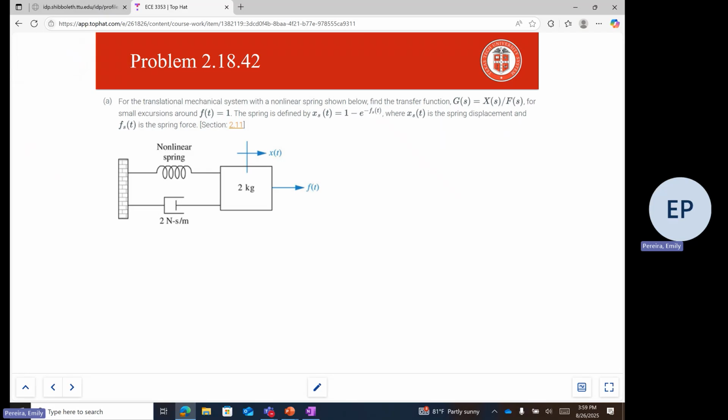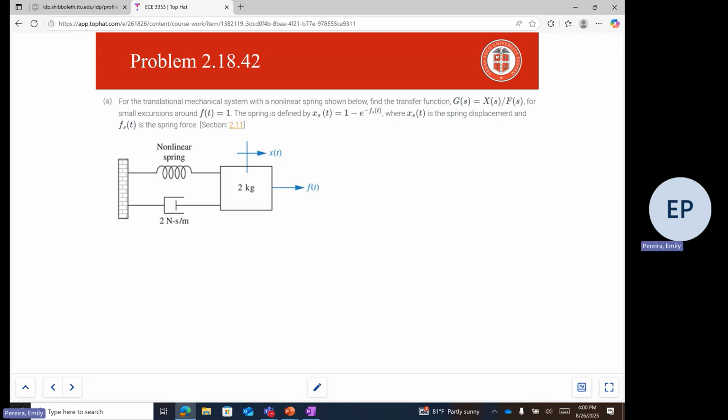And there are, assuming that we have some small excursions around the force, for f of t is equal to 1. Right, and we're told that the spring is defined by the following nonlinear function, where x of s of t is the spring displacement.